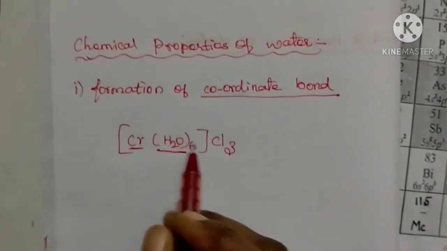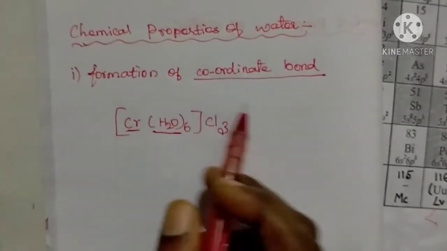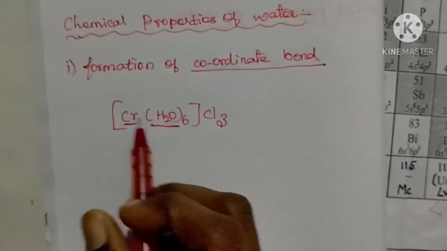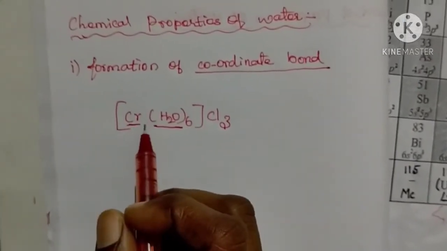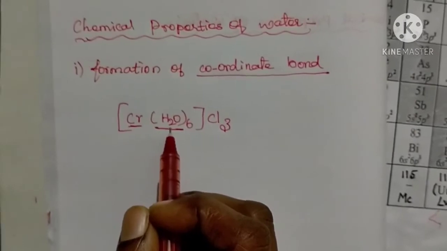So all the water molecules, the 6 water molecules present in this example, form the coordinate bond between chromium and water.